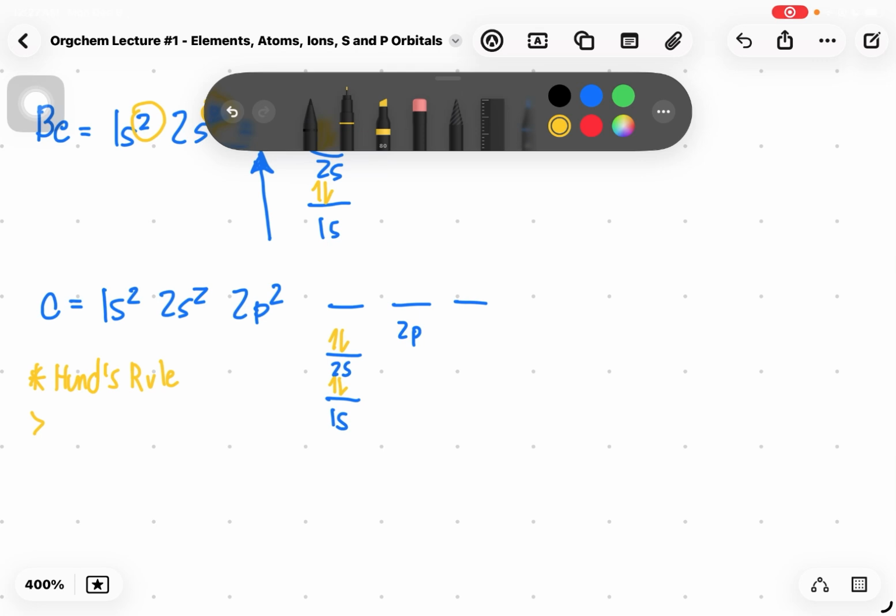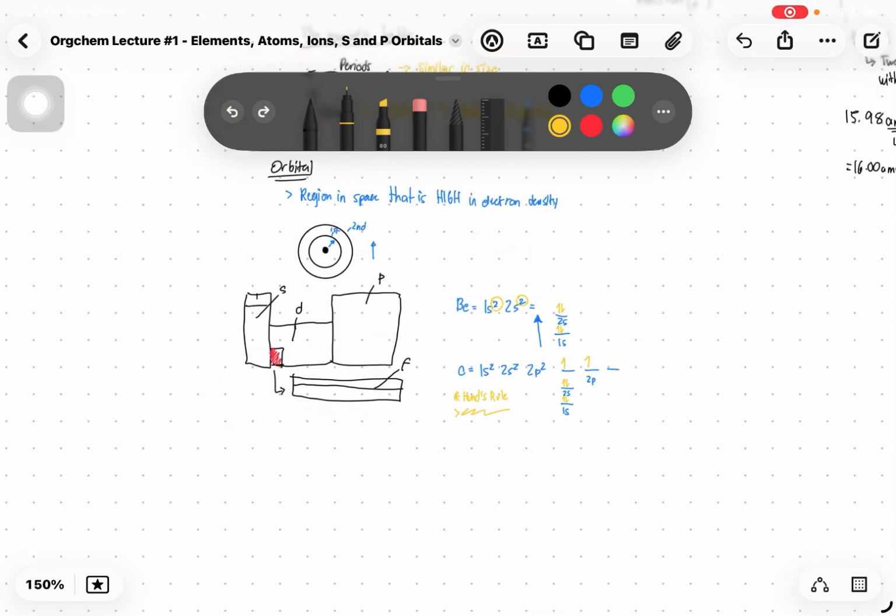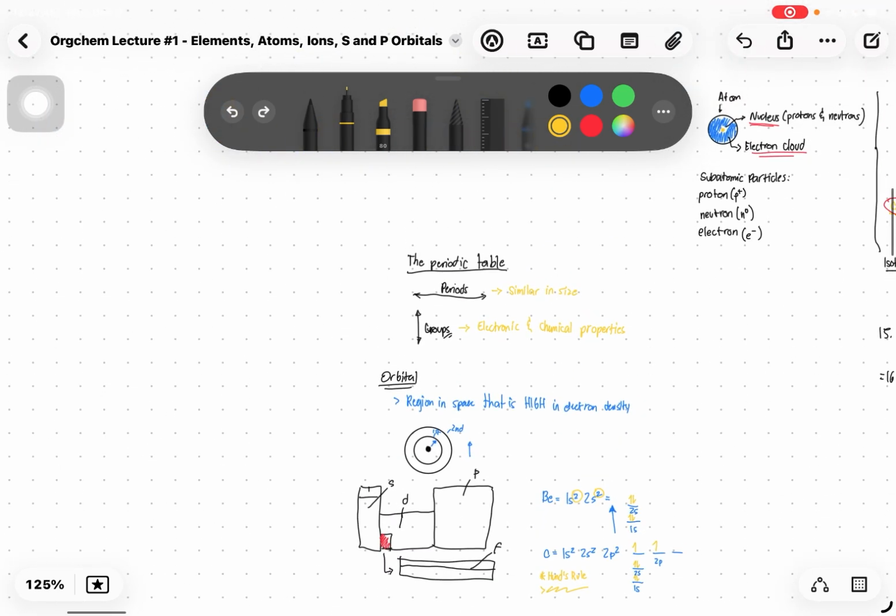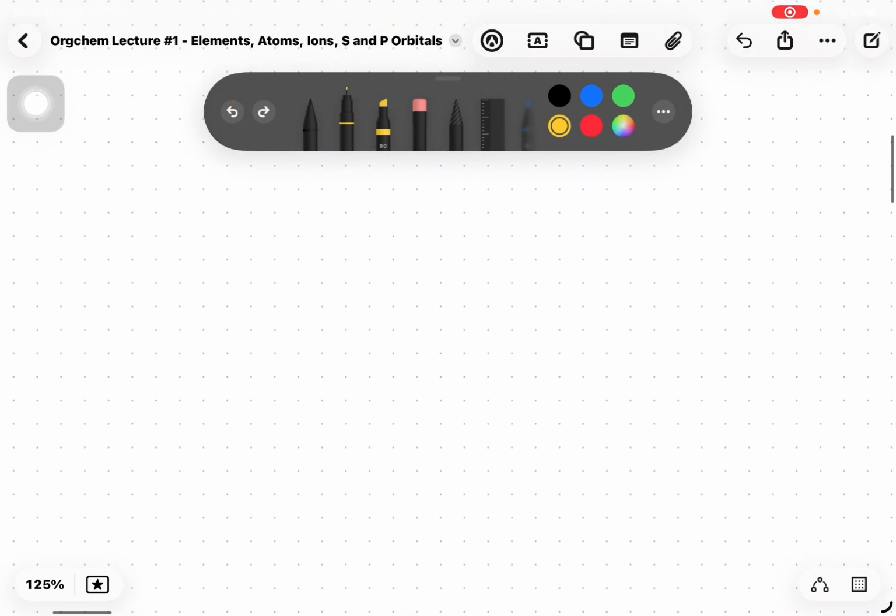So basically, what that means is we would have to write it like this: 1, 2. Not 1 and then 2. Not like that. That's wrong. Let's move on to the S and the P orbitals and find out what else they mean.